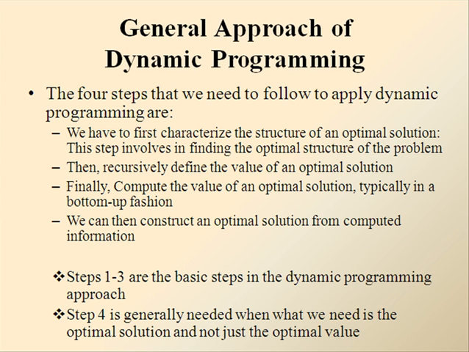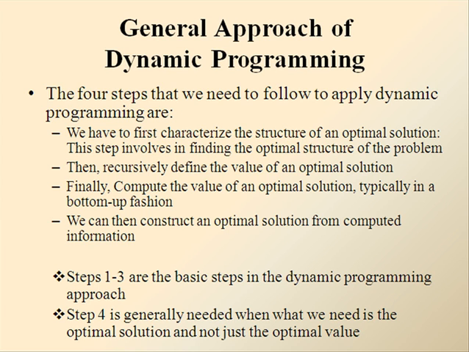So the general approach of dynamic programming involves four steps that we need to follow. We have to first characterize the structure of an optimal solution. These steps involve finding the optimal structure of the problem. Then recursively define the value of the optimal solution. Finally, compute the value of an optimum solution, typically in a bottom-up fashion.